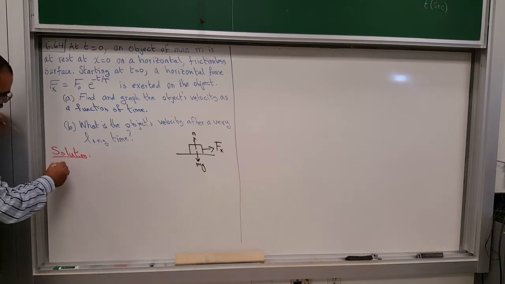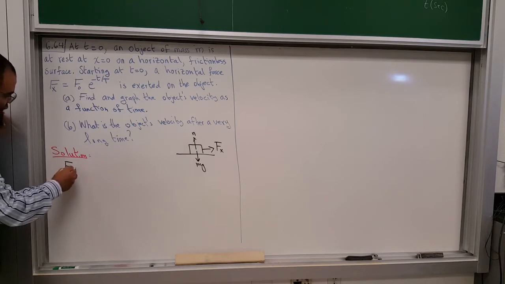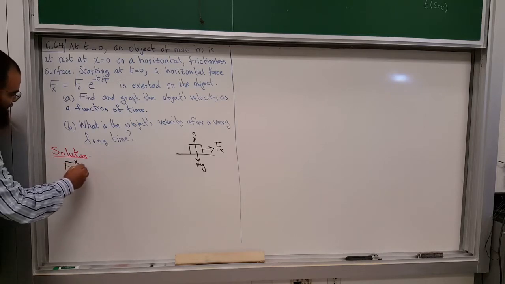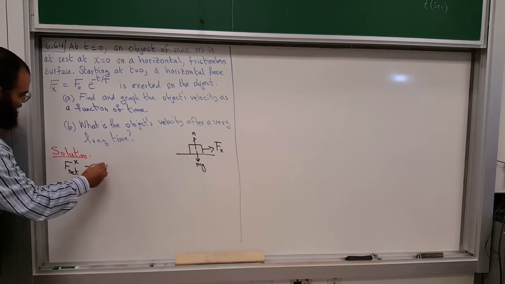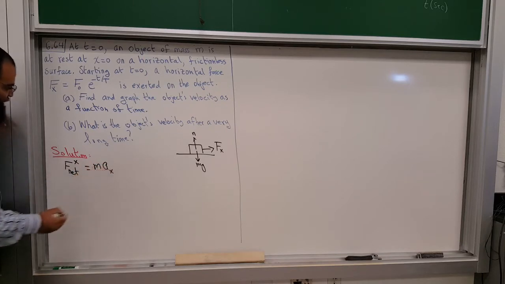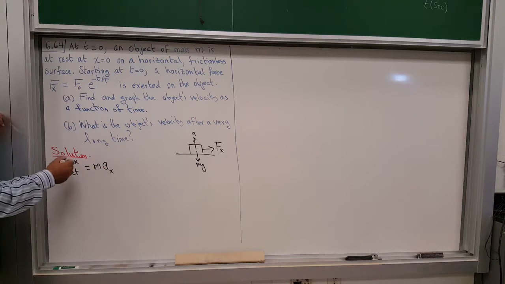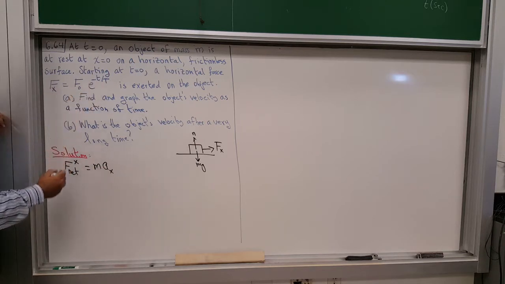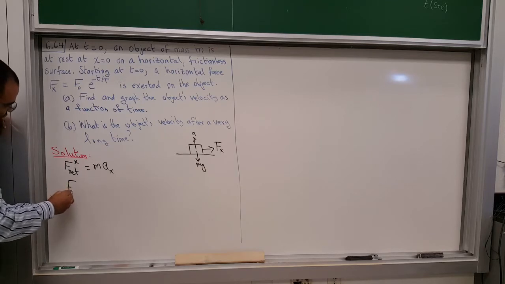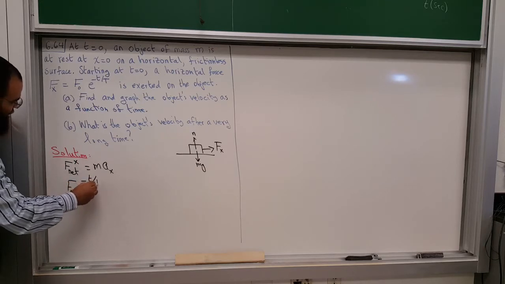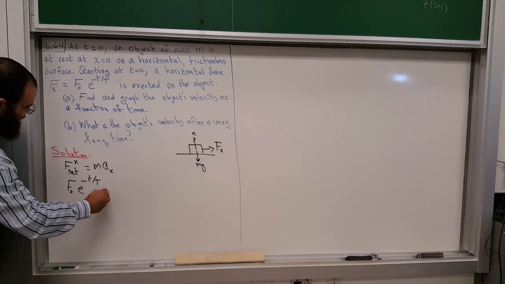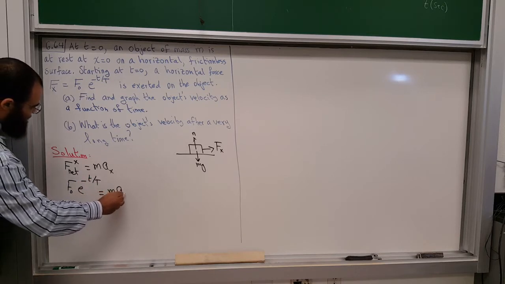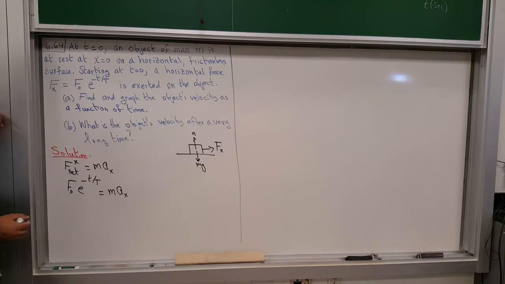Well, we know that by Newton's second law, let me write it one more time, the net force in the x direction will equal the mass times the acceleration in the x direction. The net force in the x direction, we're told that's it. This is the force. There is no friction, there is nothing else. So it's only F initial, e to the minus t over capital T, and that's equal to the mass times the acceleration in the x direction.